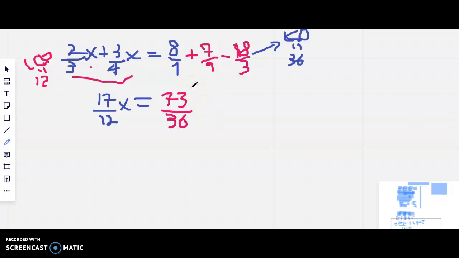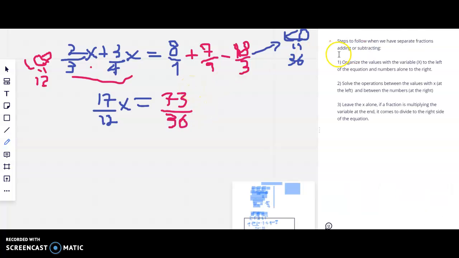And now, in the final step, remember the steps that I recommend here. We already organized the values with the variable x to the left, here we have 17 over 12x, and the numbers alone to the right, here we have a fraction, 73 over 36. We already solved the operations, and finally we leave the x alone.